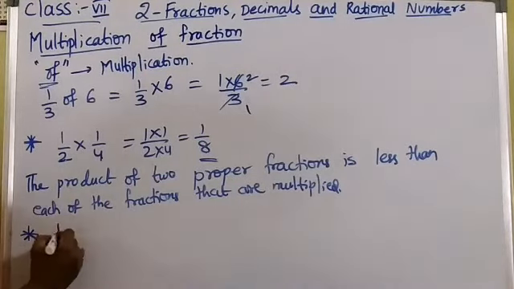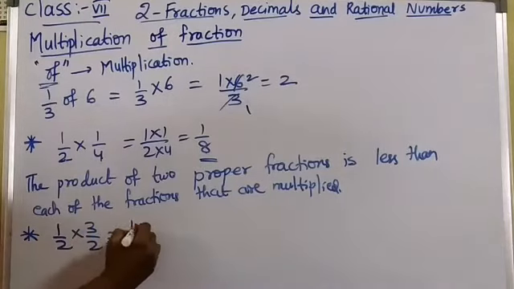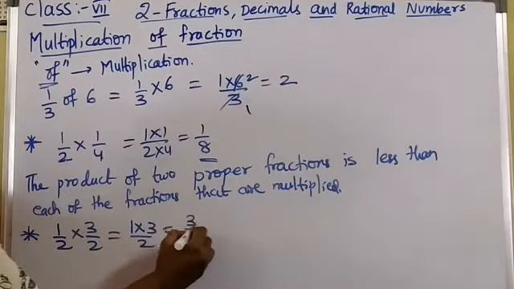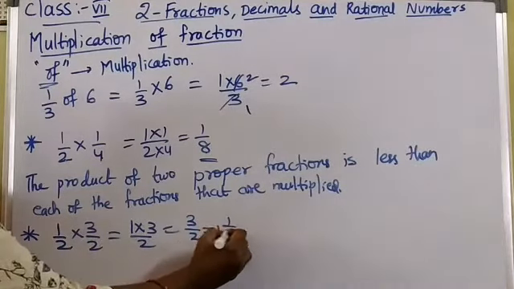Okay. For example, 1 by 2 is a proper fraction and 3 by 2 is an improper fraction. What is the answer you will get here? 1 into 3 by 2, that is 3 by 2. Here you got 3 by 2. 3 by 2 is nothing but 1 and 1 by 2, right?